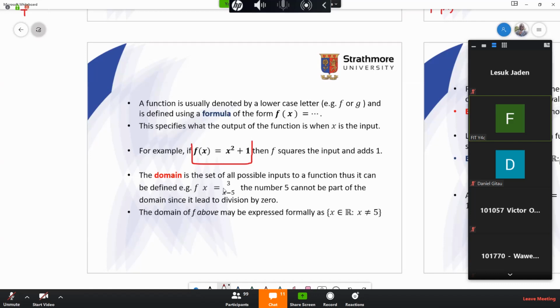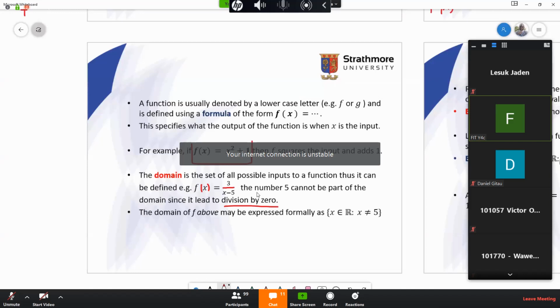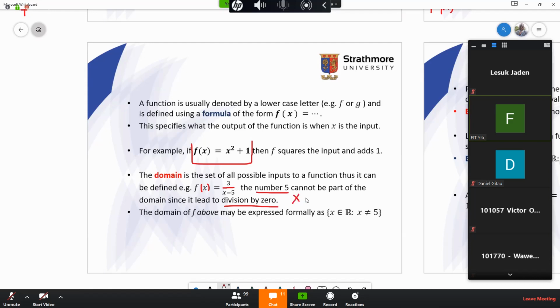Then a function has a domain, so you should read about the domain. Some domains are valid, some are not. In this function here, the number 5 cannot be part of the domain because it leads to division by 0. If x is 5 in this function, 5 minus 5 is going to be 0, then 3 divided by 0 will be undefined. So this function will not have a value when x is 5. So x equal to 5 is excluded from the domain.